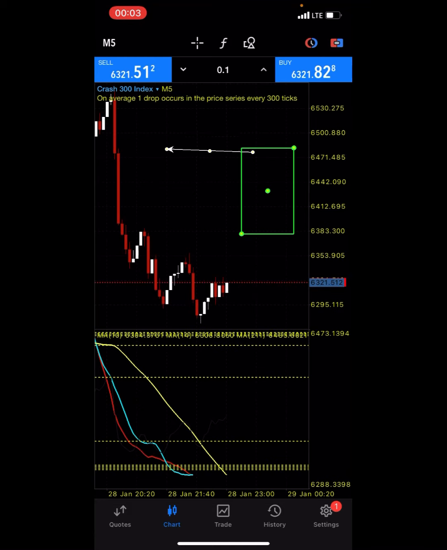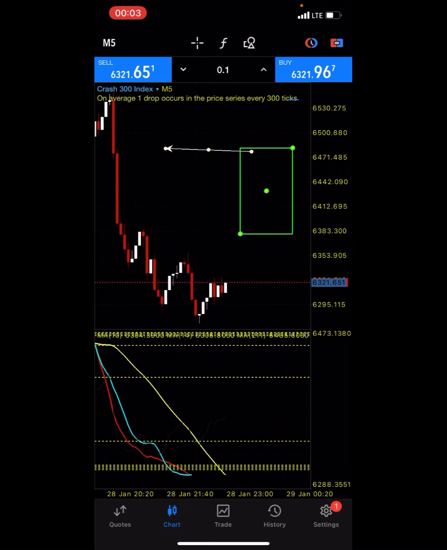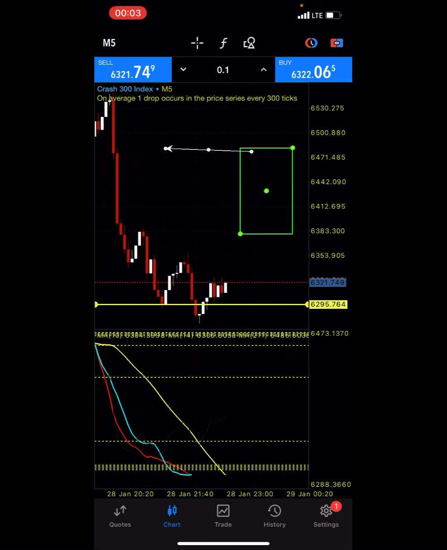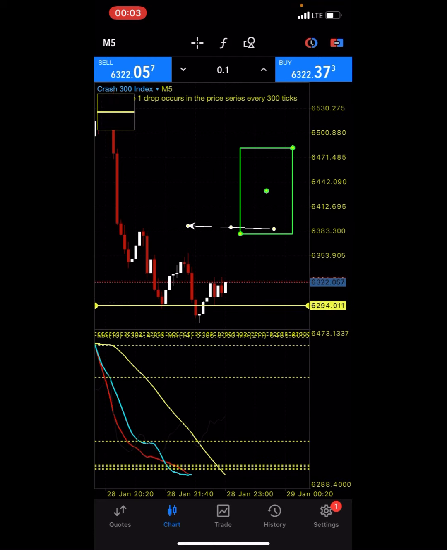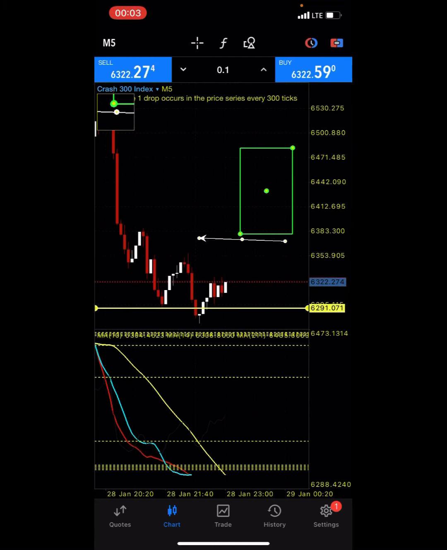You want to set your take profit around here, because the idea is that price found support here in the past and sloped to the upside. Therefore, there's every tendency that price will likely want to come back to the support to retest it a second time in the nearest future. So that is where you want to set your take profit.